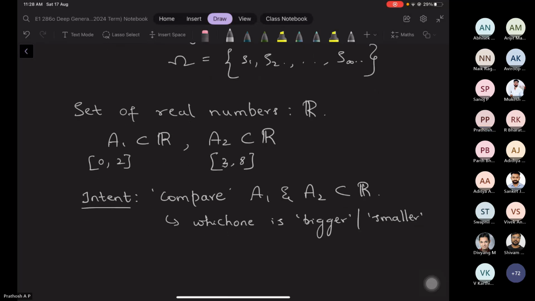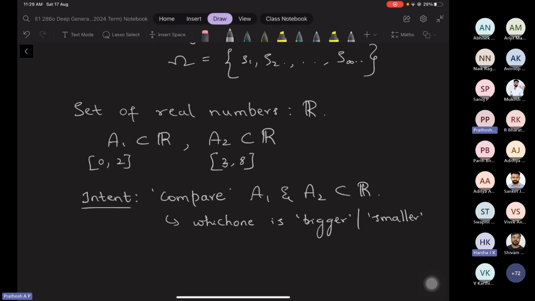Yes, sir. One way to compare is if you're able to map each element in this set to another element in the other set we are comparing. I can't, because here I can't find a function that would. Okay, are you saying that I have to find a function that would map elements in set A1 to A2?